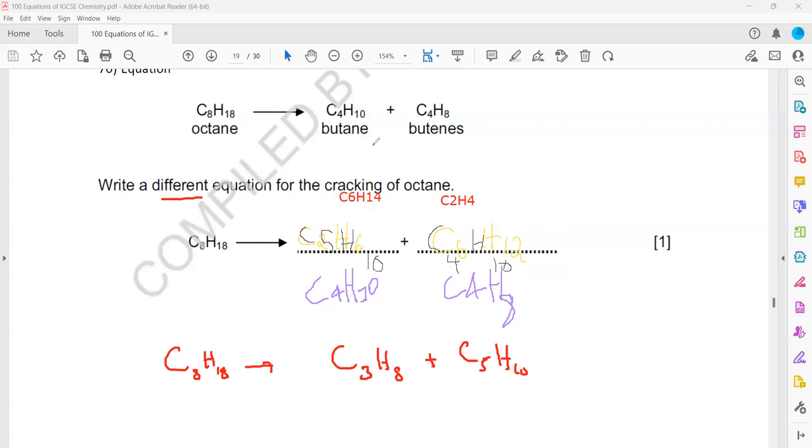So the 4 to 4 combination is already given, Rafik. That you cannot write. Other than this, you can write any combination. So it can be 5, 3, it can be 3, 5, it can be 6, 2, 2, 6.